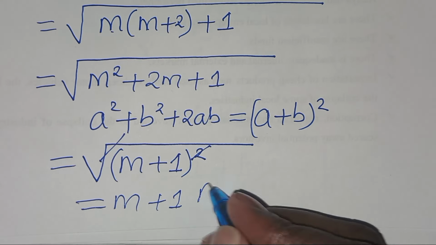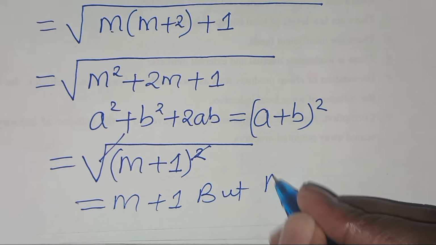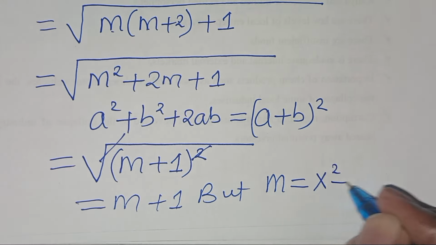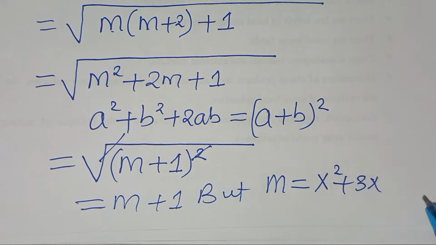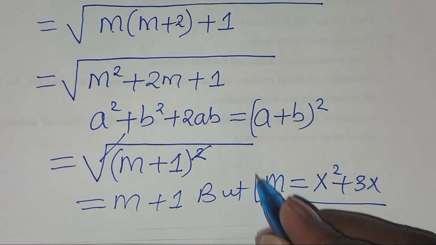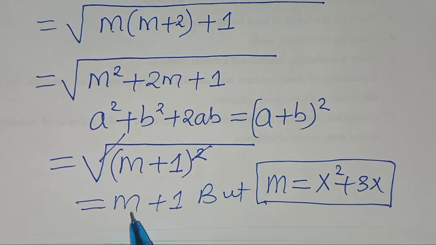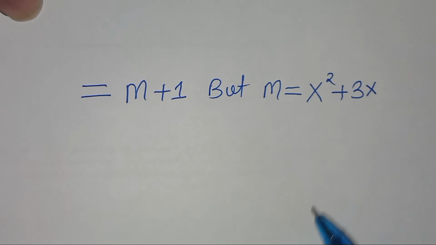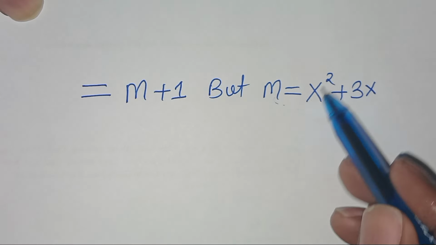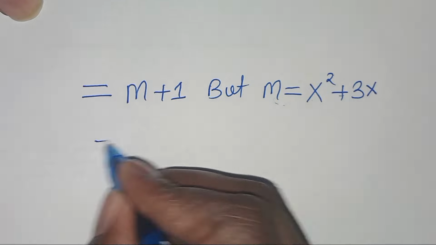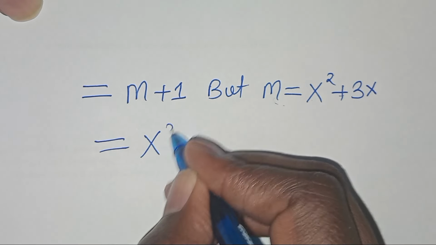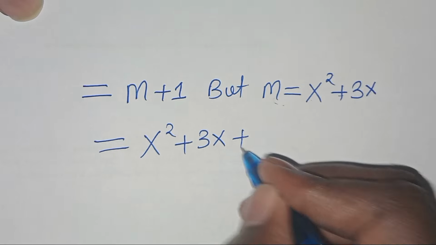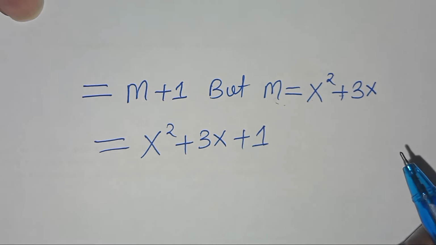But if you recall here, m is the same thing as x squared plus 3x. This is the value of m. So let's substitute this value here. Now let's substitute the value of m, which is x squared plus 3x. So here we'll have x squared plus 3x plus 1.